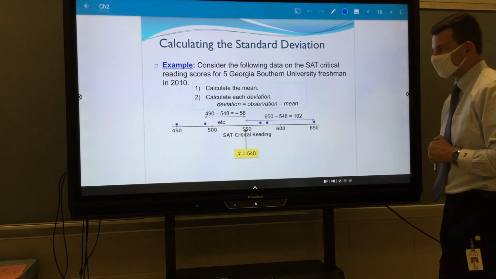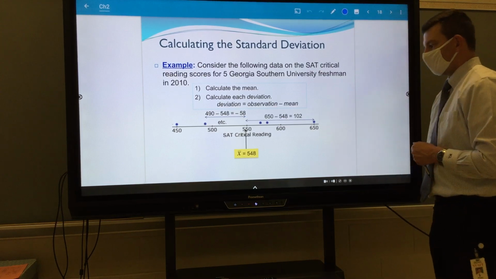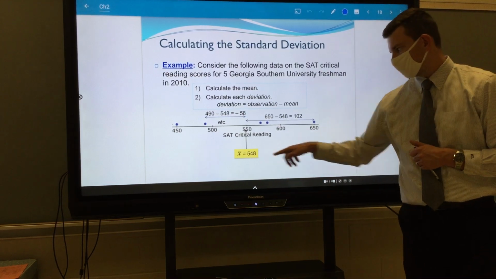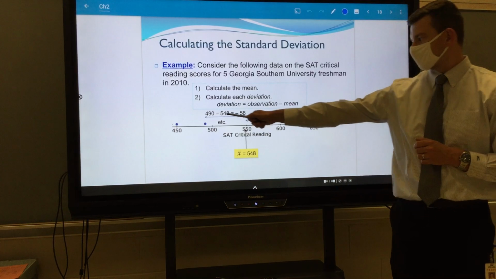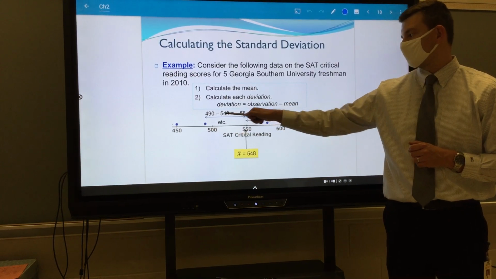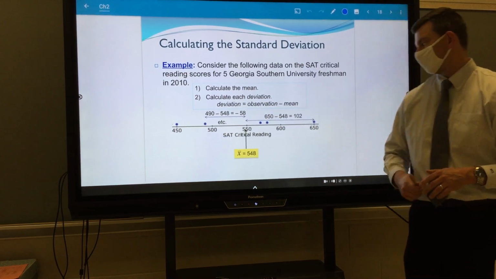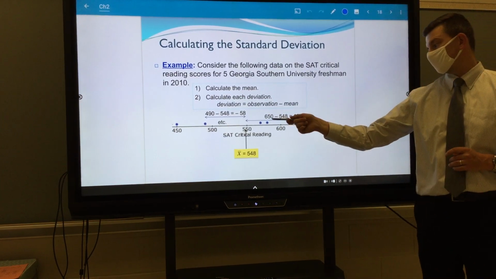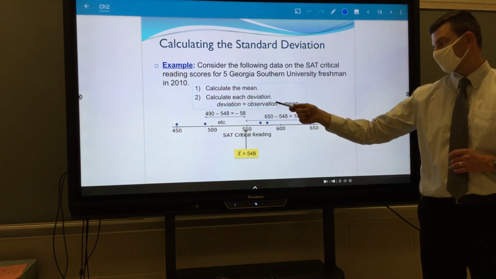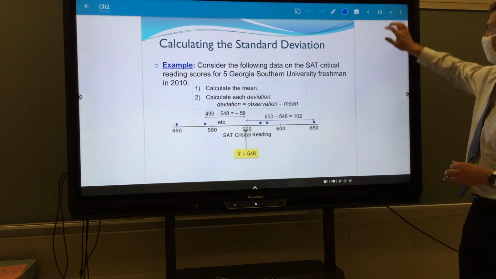Their verbal SAT score in 2010, they had a mean of 548. Now this student right here scored below the mean, 490. So 490 minus 548, 58 points below the mean. This student scored a 650, above the mean. So 650 minus 548, that's 102 points above the mean.